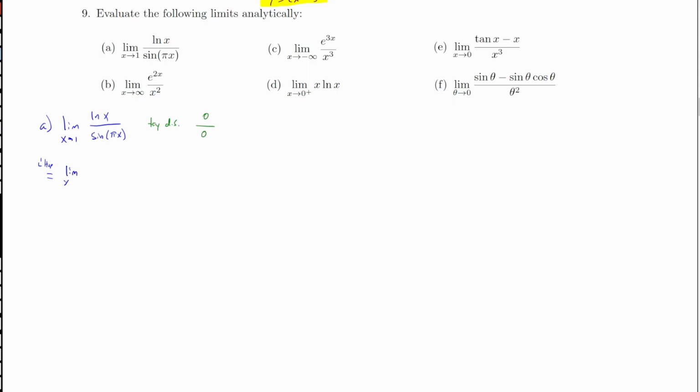So I'm going to get the limit as x approaches 1. Take the derivative of the numerator, 1 over x. Derivative of the denominator, cosine of pi x times pi. Chain rule. Okay, and now let's try direct substitution. When I plug in 1 in the numerator, I get 1 over 1. In the denominator, we'll have cosine of pi times pi. And cosine of pi is negative 1. So I have negative 1 over pi.